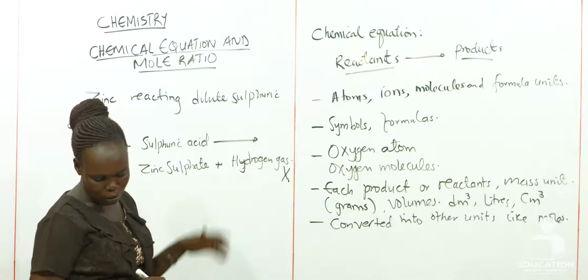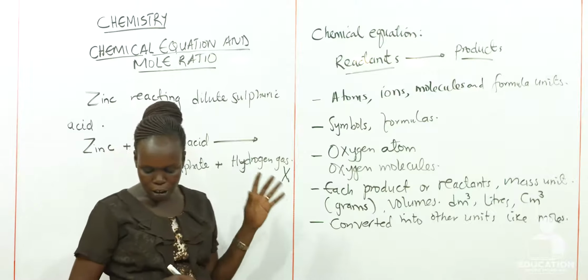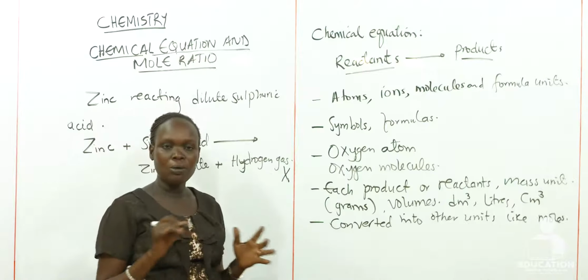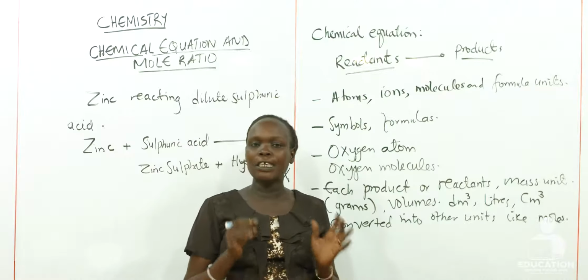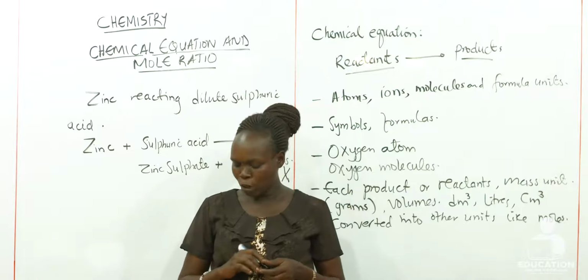So we have to remember that writing a correct chemical equation requires some steps. What are the steps for writing the correct chemical equation?